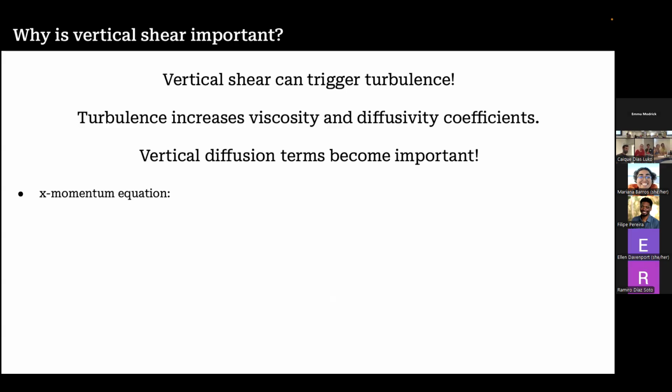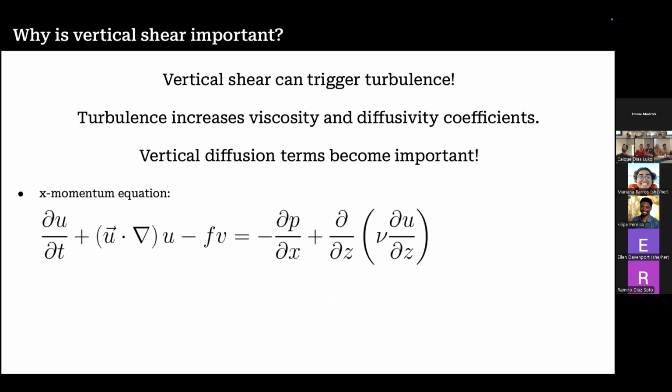And what I mean by that is that, for example, in the x momentum equation, we have the local variations in the zonal velocity. We have the advective term, Coriolis, pressure gradient, and then the diffusion term. When vertical shear triggers turbulence, the viscosity is going to increase, and this term is going to become more important in our equations.